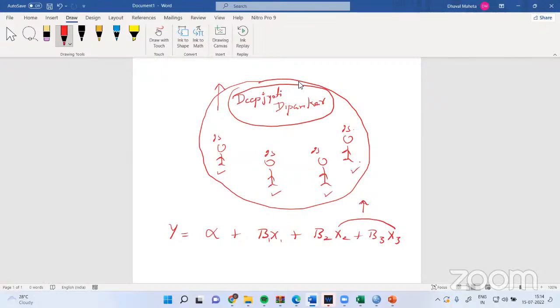As they are highly correlated, they will try to suppress the voice of this x1, the same way as is happening here, and it will make this variable insignificant. Is it clear? This is the problem of multicollinearity. In a simple way, without any equation, I have explained this.